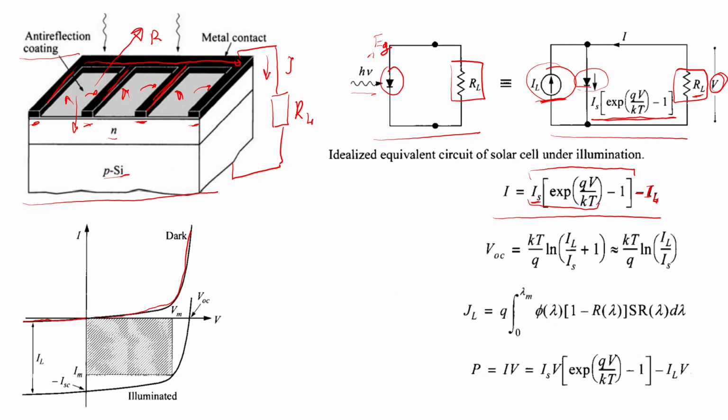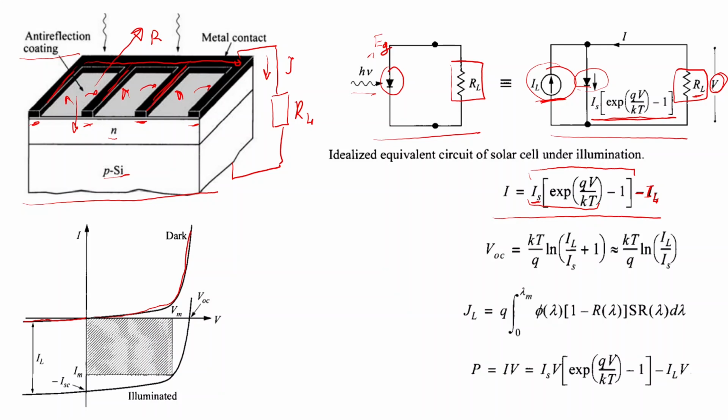So the key thing here is that reverse current is created by drift of minority charge carriers in the dark, and photocurrent is created exactly in the same manner. It's also created by drift of minority charge carriers, but instead of those equilibrium ones in the dark with low concentration, by many more minority charge carriers, because we have photogeneration.